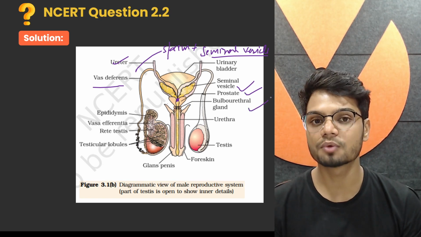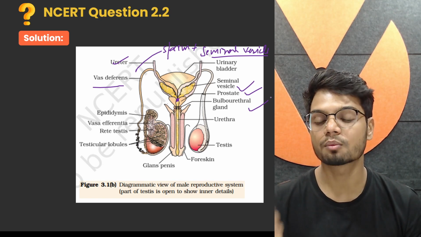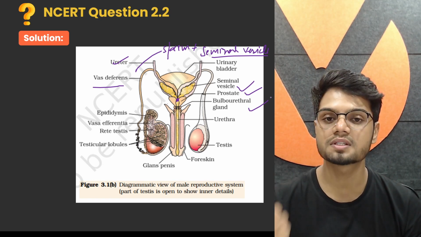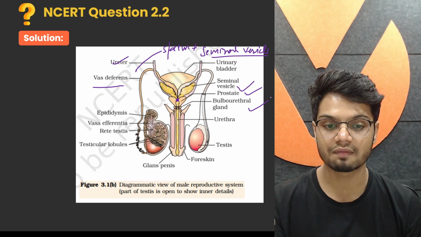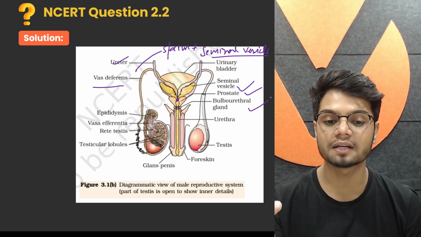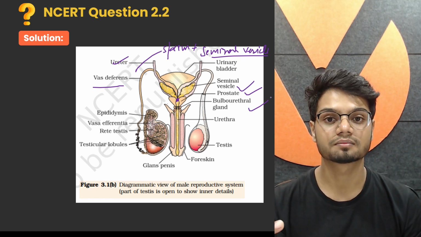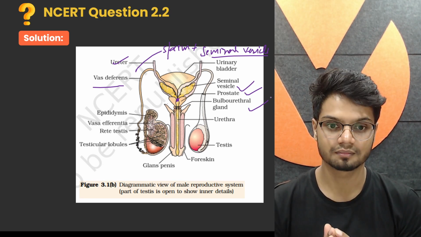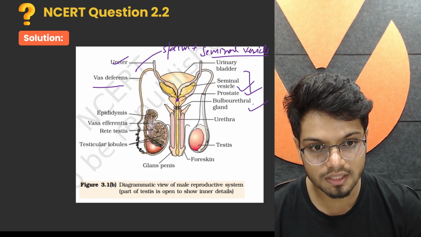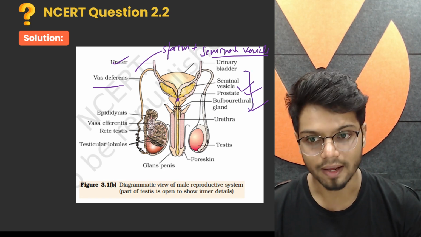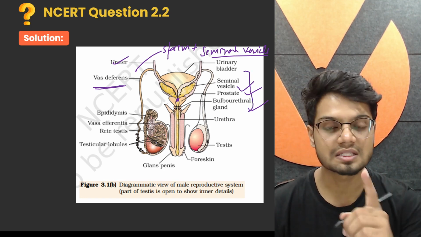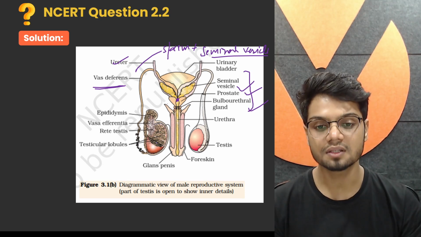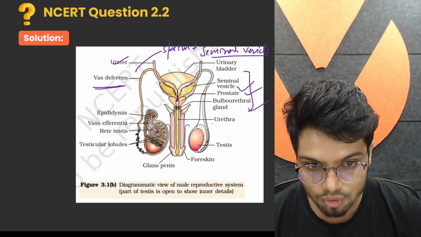So the sperm comes from the vas deferens, then secretions from the seminal vesicle, secretions from the bulbourethral gland, and secretions from the prostate gland. The secretions from these three make up the seminal plasma, and together with the sperm they form the semen, which travels through the urethra.